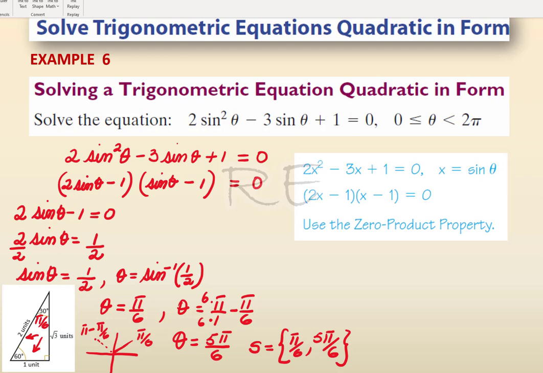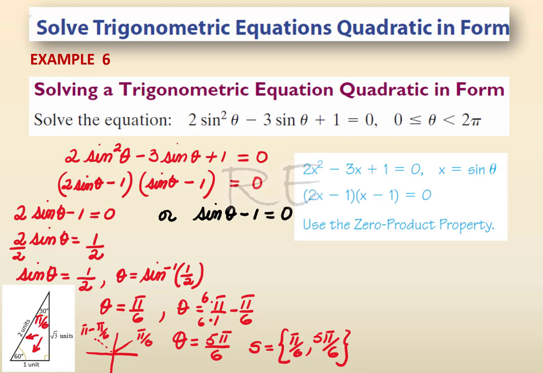Now, let's solve the second equation. Sine theta minus 1 is equal to 0, which means sine theta is equal to 1. And the arc whose sine is equal to 1, well, this is a quadrantal angle.